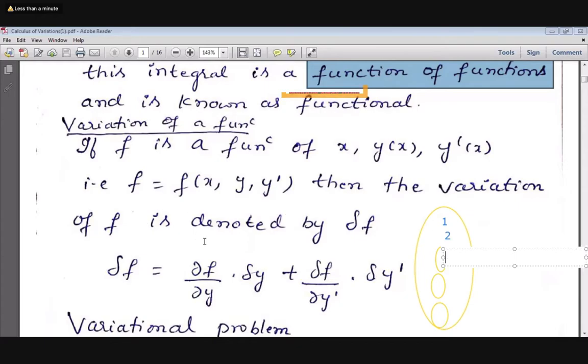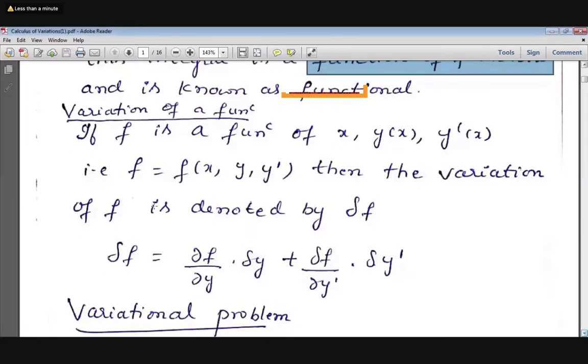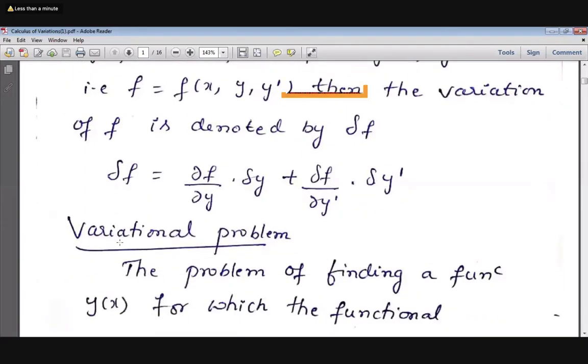Then the variation of f is denoted by delta f. This is delta f equal to dou f by dou y delta y plus dou f by dou y dash delta y dash.